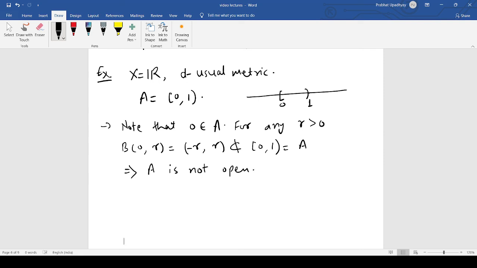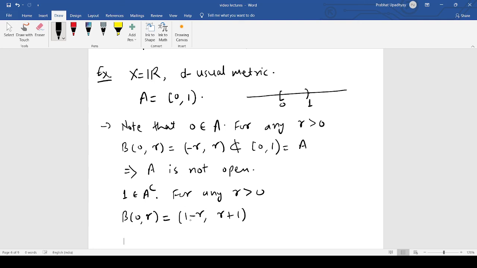Now we would like to show A complement is also not open. So note that 1 belongs to A complement. And for any r greater than 0, the open ball B(1, r) is equal to the open interval (1 - r, 1 + r).